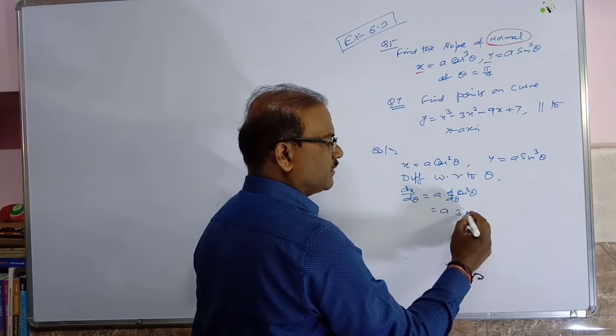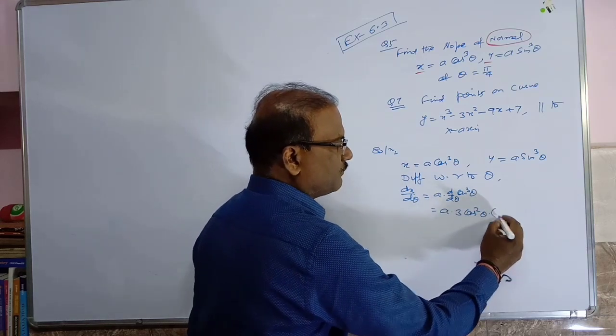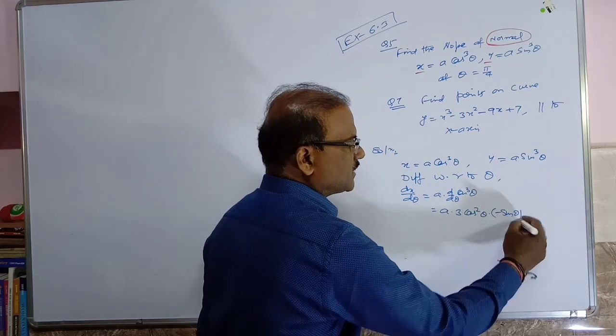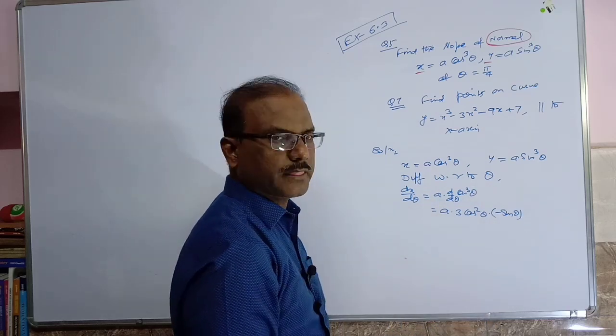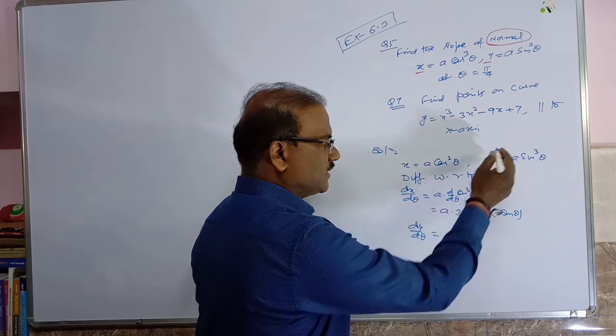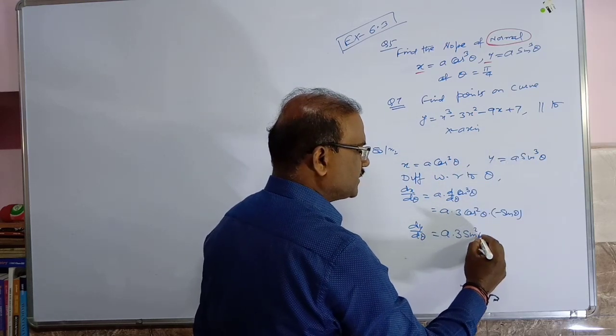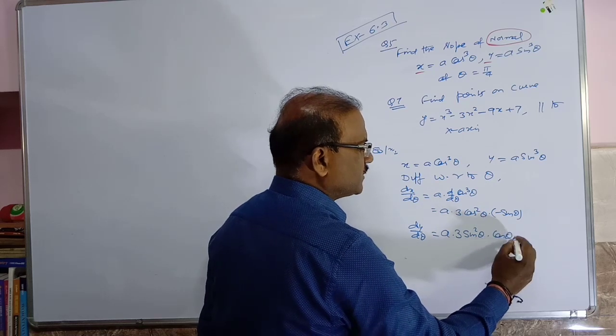Here you will use a little bit of chain rule: 3 cos square theta, then the derivative of cos theta, minus sin theta, will appear. Keep this one. Come to dy by d theta: a times 3 sin square theta and the derivative of sin theta, cos theta, you will have.